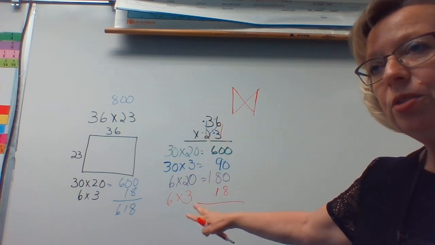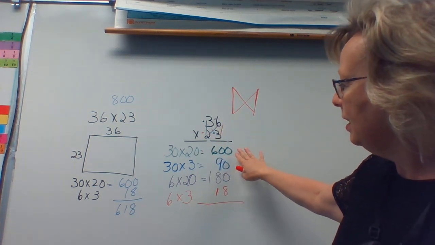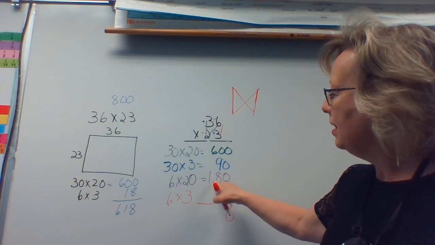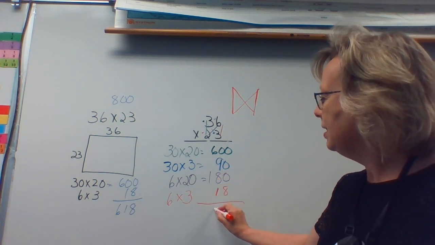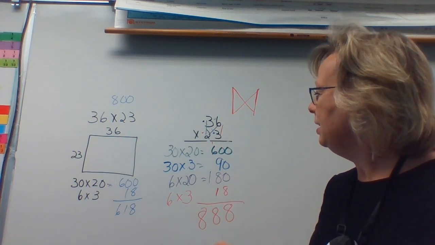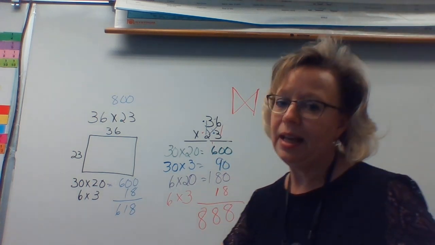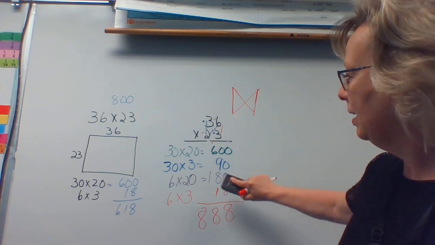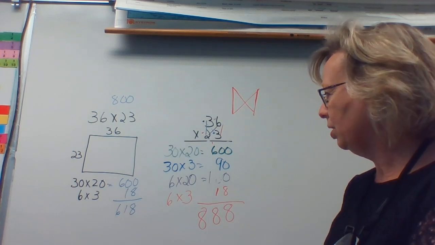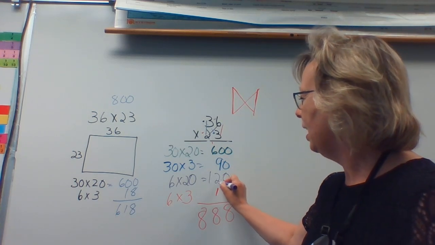Here are my partial products. If I add these up, I have an 8 in this column. Oops, I realized I made a mistake. This should not be 180. That should be 120. Glad I caught that.